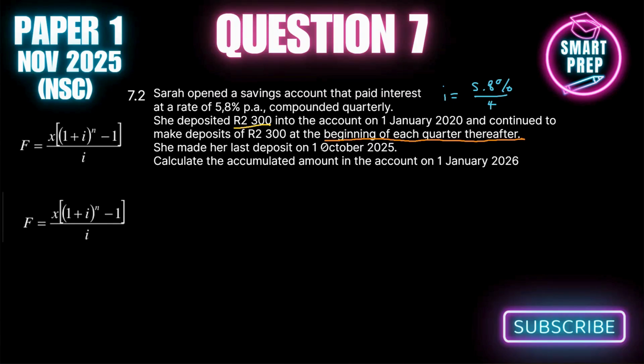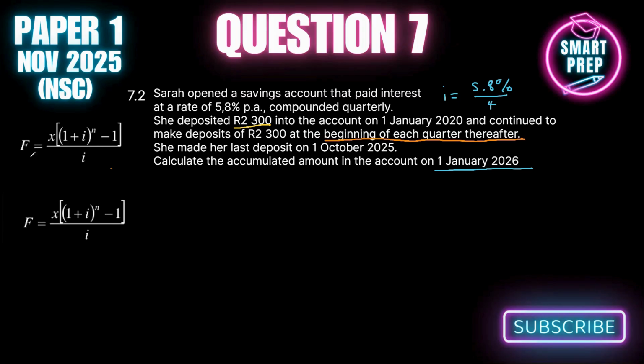She made her last payment on the 1st of October, and then we want the accumulated amount on the 1st of January 2026. So notice that it goes from the last payment on the 1st of October to January. So that's an extra quarter: October, November, December. So that's important, and I'll explain to you why.